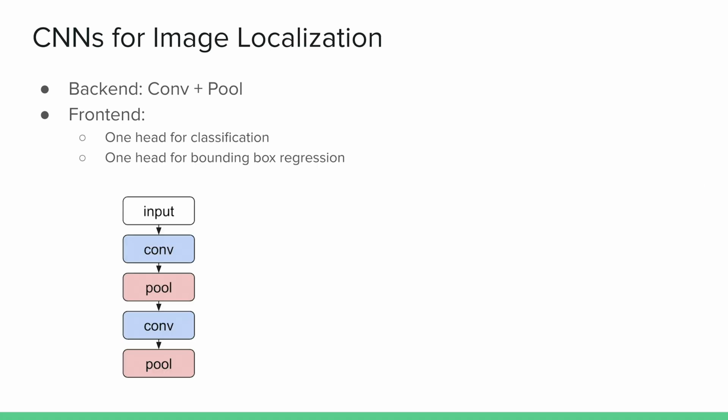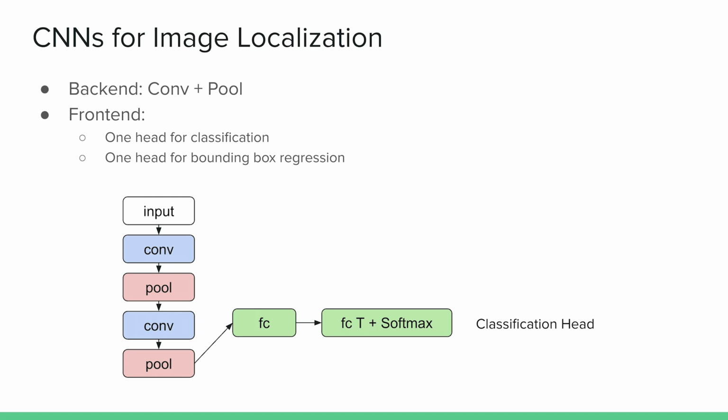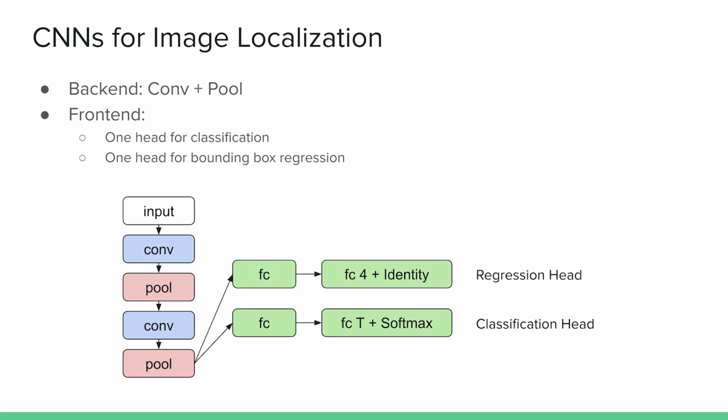If we want to add also the position, we could use the same backend, again convolutional and pooling, but we would actually create two outputs because we want to know about the class and we want to know about the region where that object appears. So we create the classification head, which is a fully connected layer with the softmax, and we create a second head.